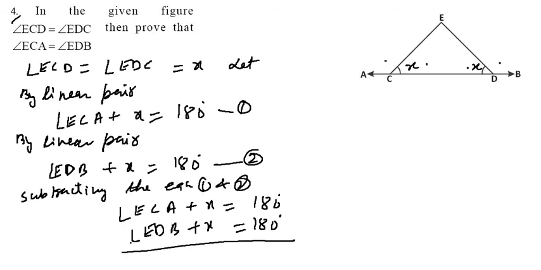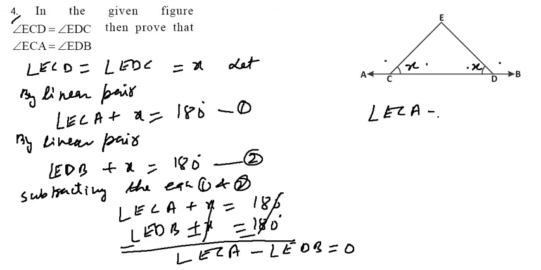So what will happen? Change their sign. So 180 will be cancelled out and x will also be cancelled out. So we can write here angle ECA minus angle EDB is equal to 0. Now angle ECA will be equal to angle EDB and that is the proof.